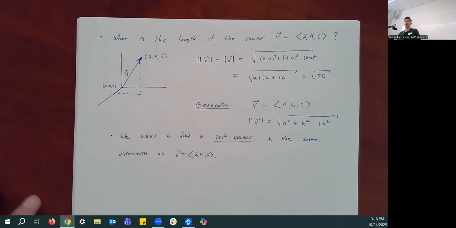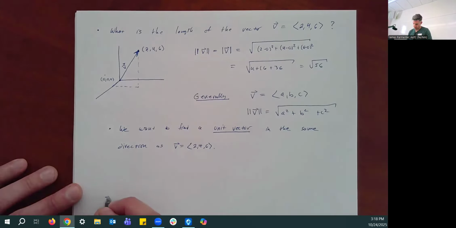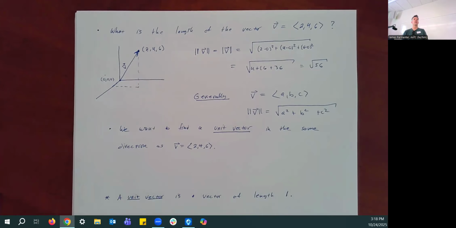So a unit vector is just a vector of length 1, or magnitude 1, whatever word you like. We will use those words interchangeably.